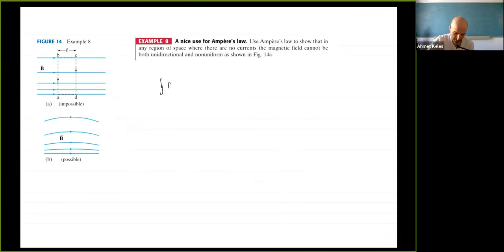B dot dl is what? It's equal to the integral from A to B of B dot dl, plus from B to C of B dot dl, plus from C to D of B dot dl, and D to A of B dot dl.